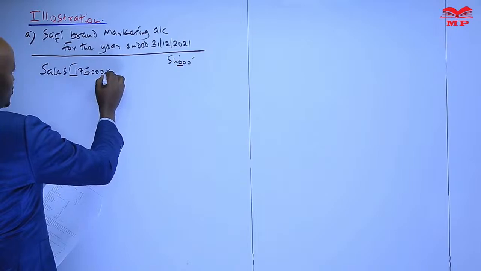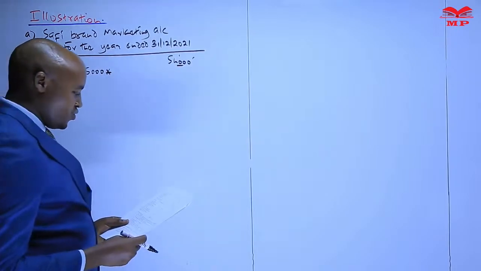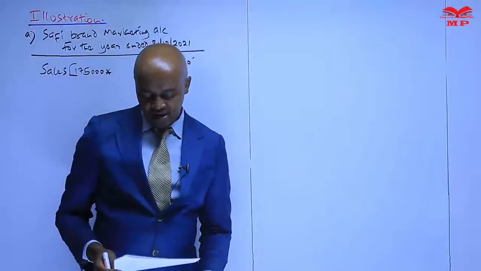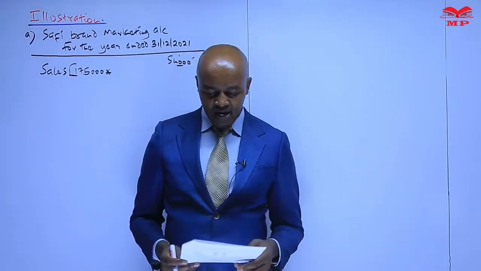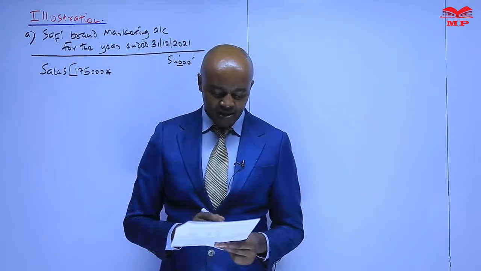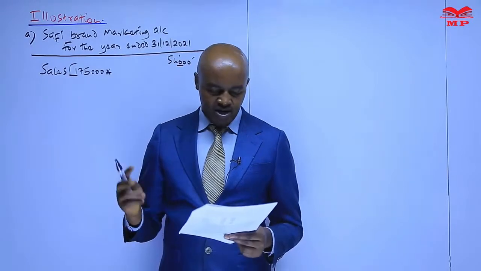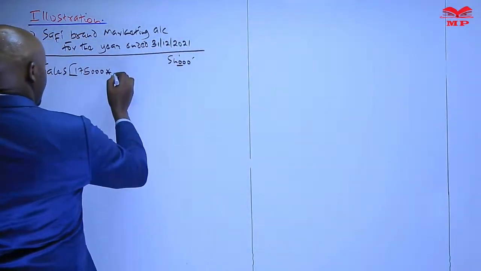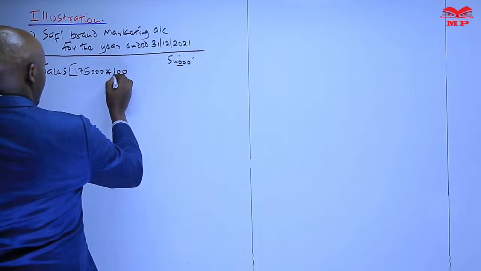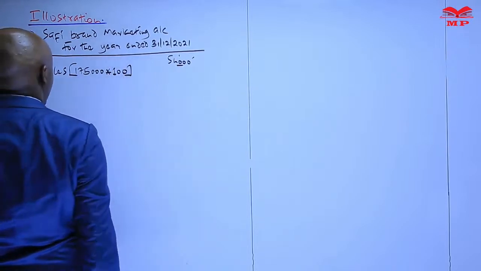So what we need to do is translate these into Kenyan shillings. I've said we're going to use the exchange rate when the money was remitted to the bank account of the cooperative society. And the money was remitted on 15th of January 2022, in which case the exchange rate was 100 shillings, equivalent to $1 US.